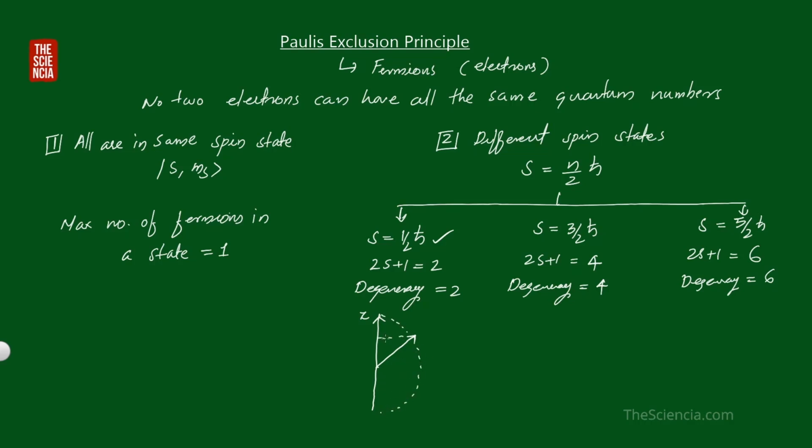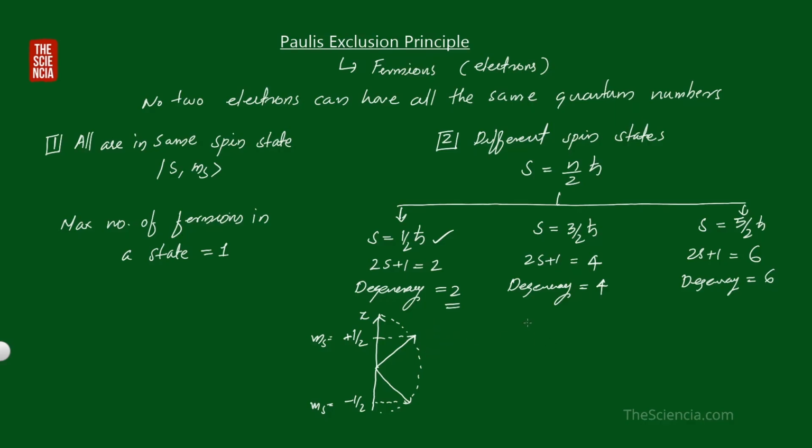One is plus half and the other is minus half. That is, ms is equal to plus half here, and ms equal to minus half here. So two states are possible. That is why we got degeneracy equal to 2. That is, two states have the same energy.